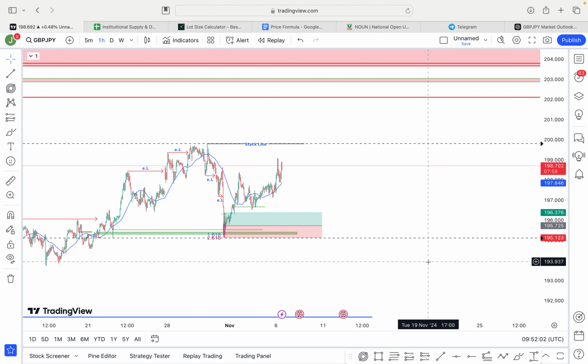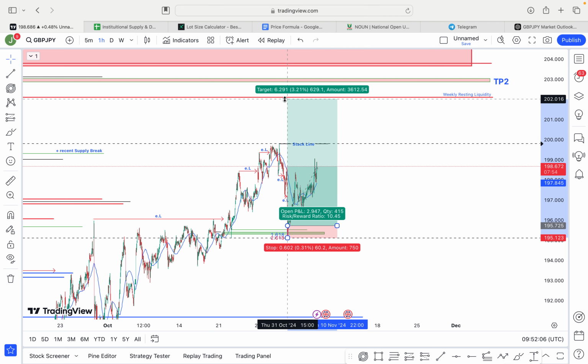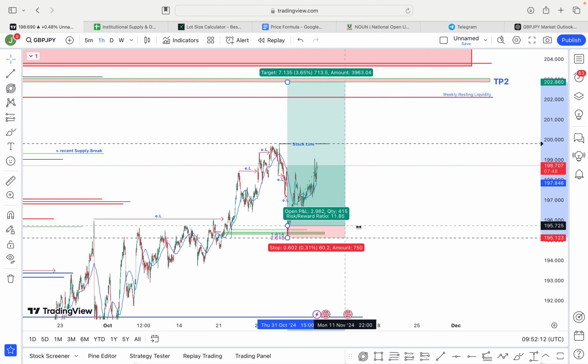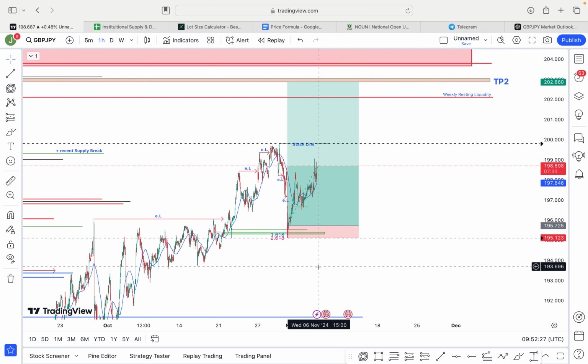Alright, so at our final TP, we'll have a risk to reward of 11.85. So this is how I set my stop loss in a way that it's not so wide where I have to lose out on the risk to reward, and it's not too tight where I get stopped out so early on trades. So go test it out for yourself again and see if it works for you.